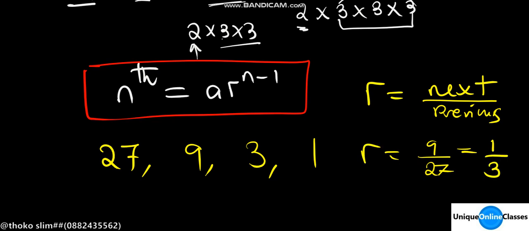So our common ratio in this case is 1 over 3.